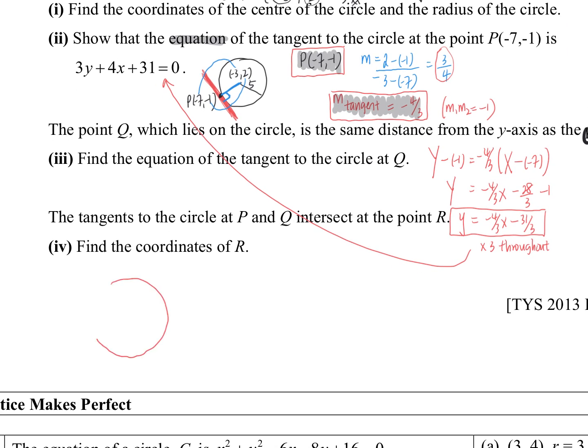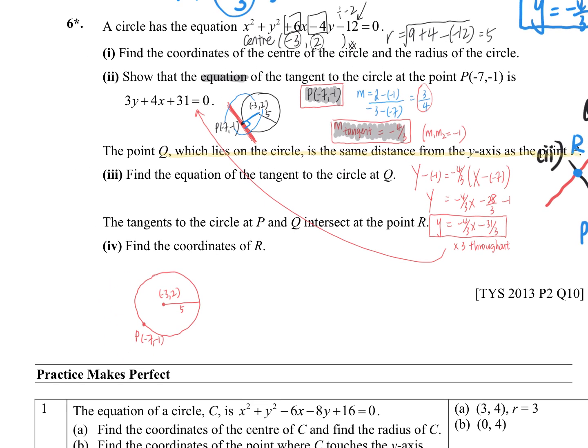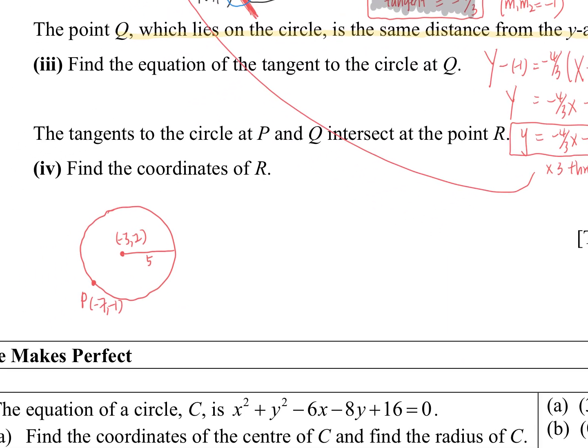Okay, next, same diagram. My center is this. My radius is 5. My point P is here, which is -7, -1. And they tell me that I have another point Q that is on the circle and it's the same distance from the y-axis as point P. Okay, so I need to locate my y-axis.